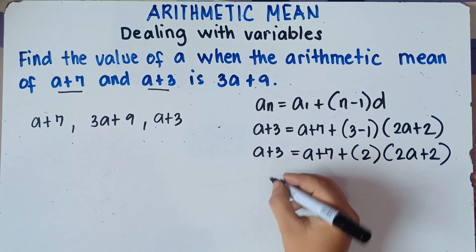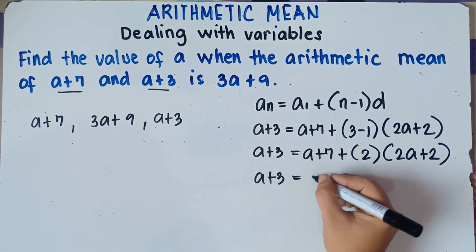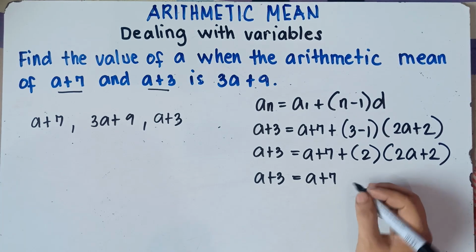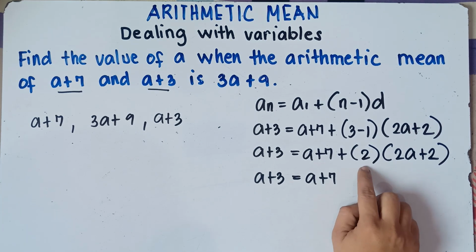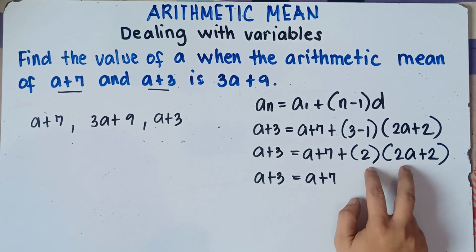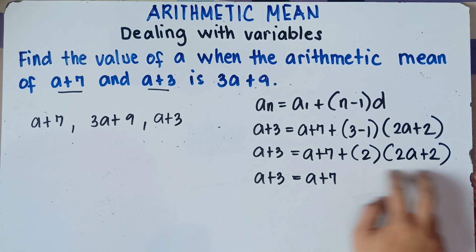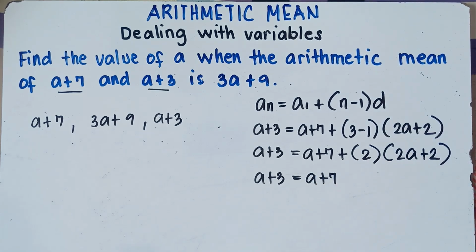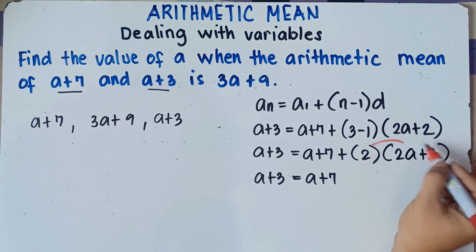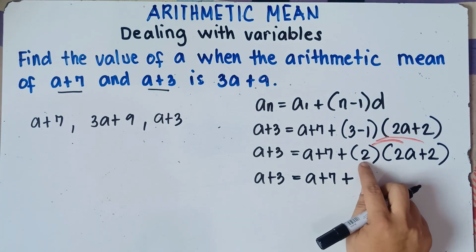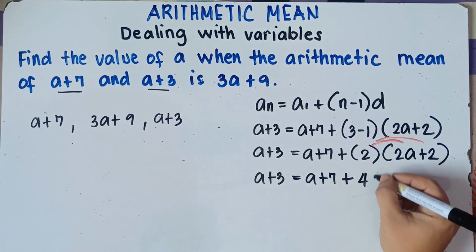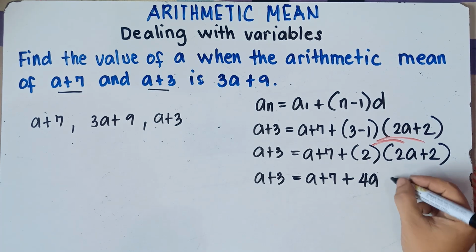Once again, class, do not add A plus 7 and 2, class, because this is multiplication. Multiplication comes first before addition. You follow PEMDAS, class. You multiply this one first. Distributive property. Alright, so copy plus sign. 2 times 2A, that's 4A. And then 2 times 2, that's positive 4.